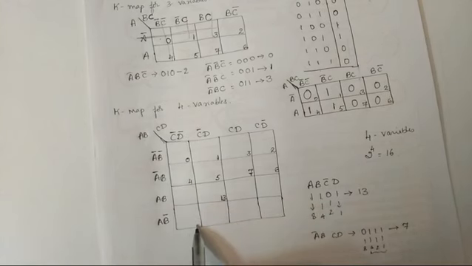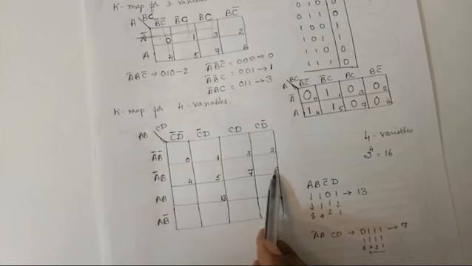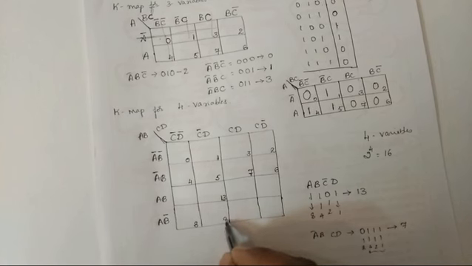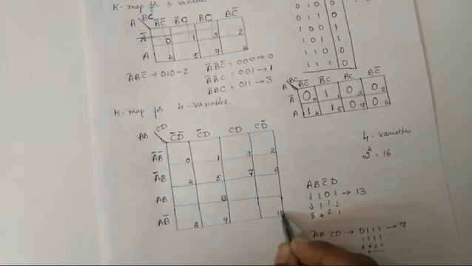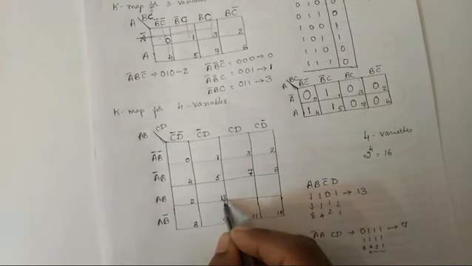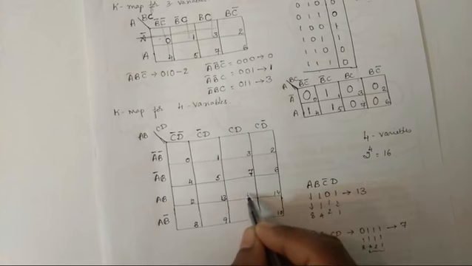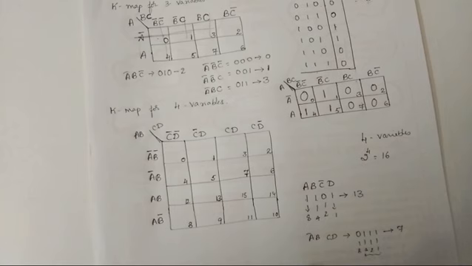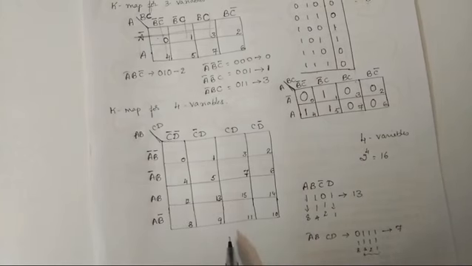I have to move to this place. After 6, 7, here I have to write 8, 9. So this is 10, 11. Next it is 12, 13. This is 14, 15. This is the skeleton of the K-map.